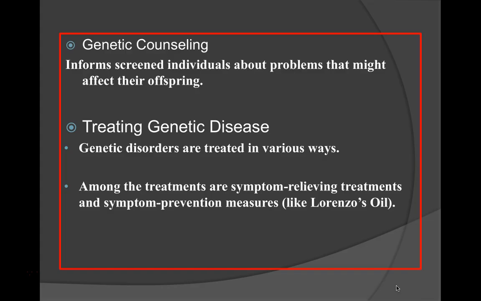Just using Lorenzo's oil as an example, any child that is born with ALD takes Lorenzo's oil to prevent those symptoms from happening. Not all genetic diseases are so lucky to have something like that, so they would most likely fall into symptom relieving treatment, whatever alleviates the symptoms of that particular disorder, and that is the treatment that individual would be put on.